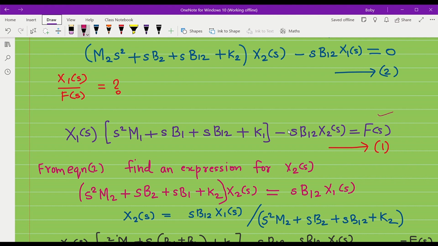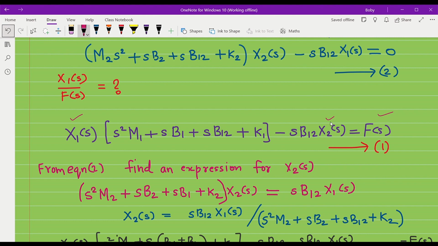So here you can see ഇവിടെ x1 of s ഉണ്ട്, x2 of s ഉണ്ട്. അപ്പോൾ നമുക്ക് കണ്ടുപിടിക്കേണ്ടത് x1 of s by f of s ആണ്. What will happen to this x2 of s? ഈ x2 of s ന്റെ കേസ് വരുമ്പോൾ, so we have to form ഈ സെക്കൻഡ് ഇക്വേഷനിൽ നിന്ന്, ഇക്വേഷൻ നമ്പർ 2 ൽ നിന്നും x2 of s ന്റെ ഒരു ഇക്വേഷൻ നമ്മൾ കണ്ടുപിടിക്കുക, അതിനുശേഷം അത് ഇങ്ങോട്ട് സബ്സ്റ്റിറ്റ്യൂട്ട് ചെയ്യുന്നതാണ്. ഓക്കെ, സോ അതെങ്ങനെ നമുക്ക് ചെയ്യാൻ പറ്റും?